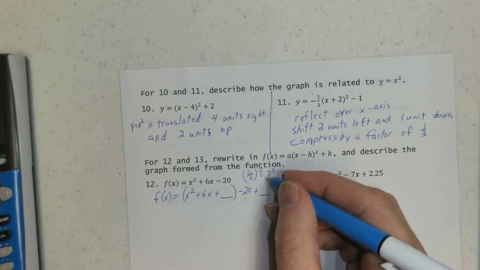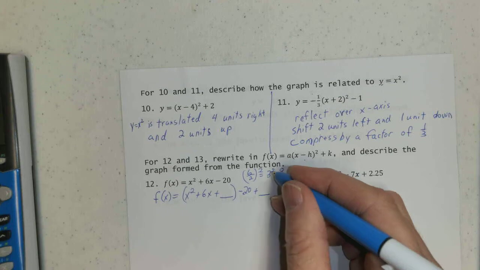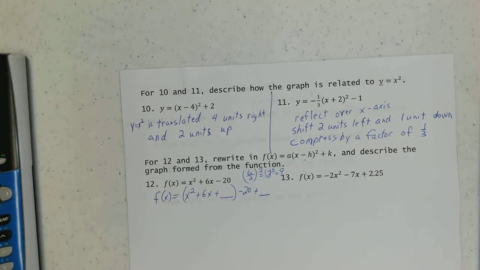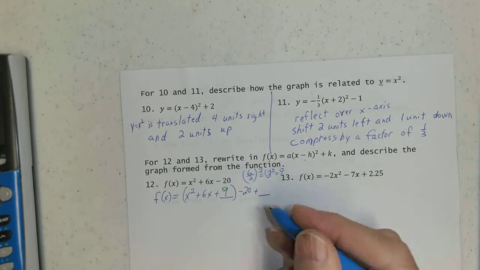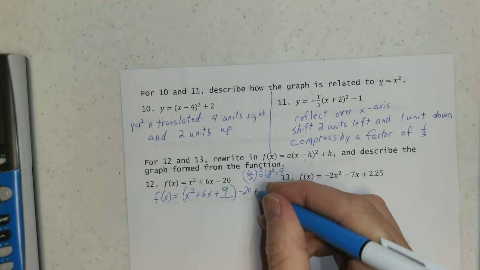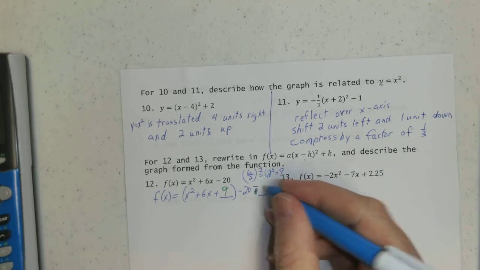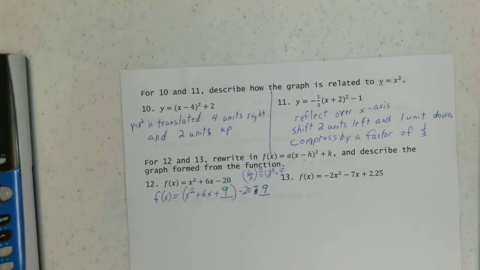That's 3 squared, which is 9. I'm going to add 9 here, and I got to do the opposite. I got to subtract 9 here.